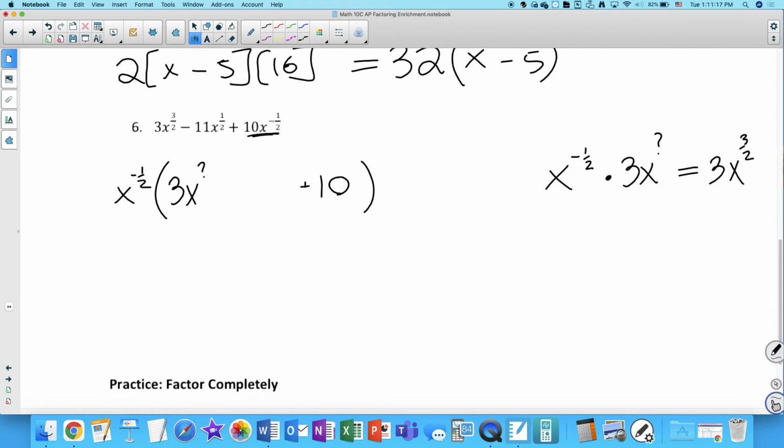Negative 1/2 plus something equals 3/2. Wouldn't it just be negative 3/1? Oh, never mind, it's plus. Maybe even convert these to decimals. Negative 0.5 plus something equals 1.5.